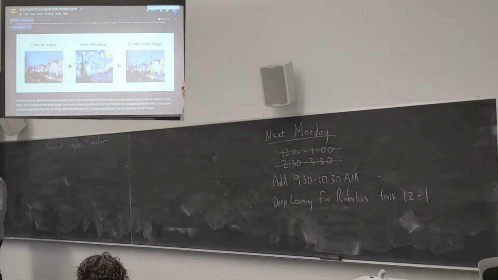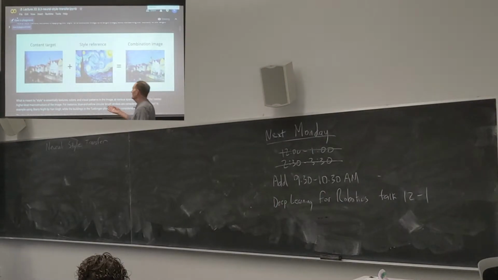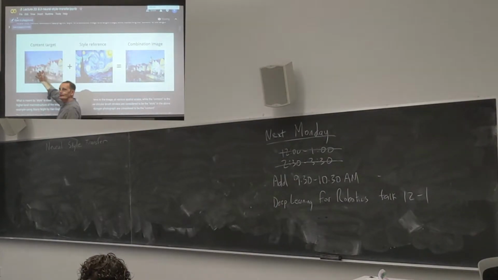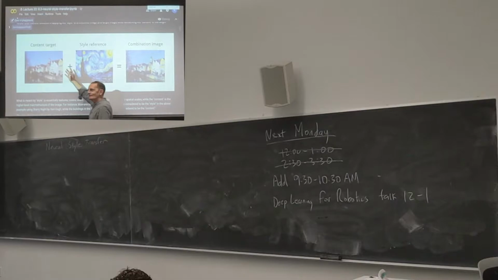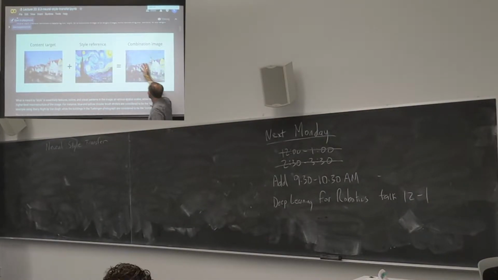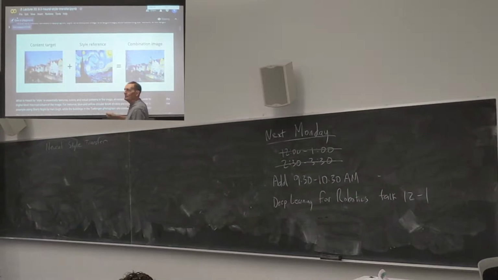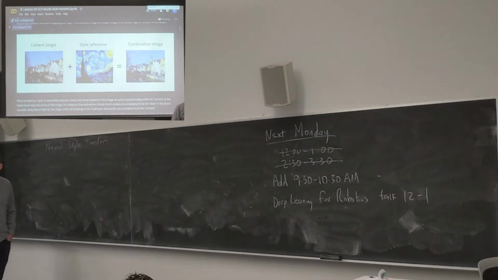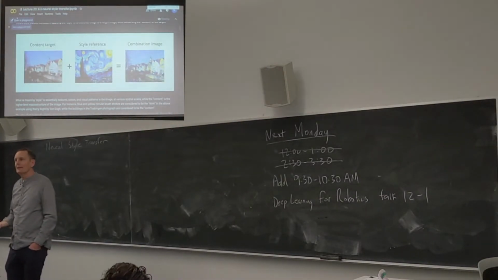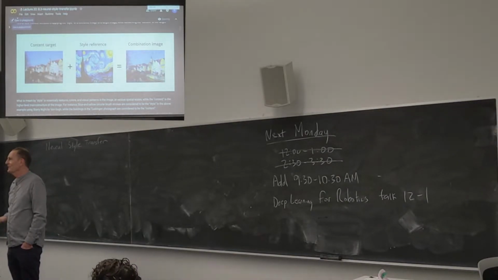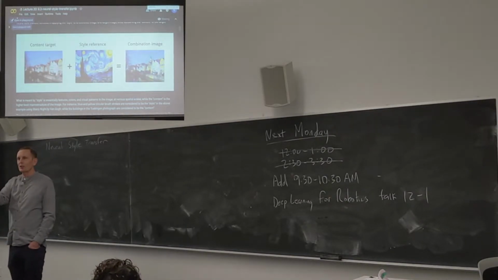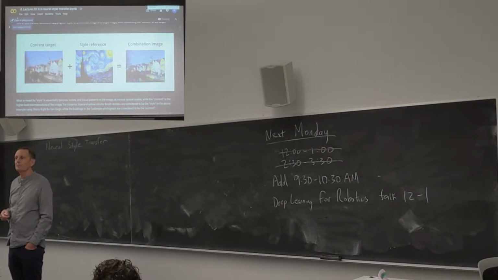It basically said, wouldn't it be cool if we could take any old image and apply to it some style from another image and come up with the combination of the two, but in an important way. It's the content of the first image and the style of the second image. So it's a photo of my house in a Van Gogh style, or a picture of you in a Cubist, Picasso style, something like that.